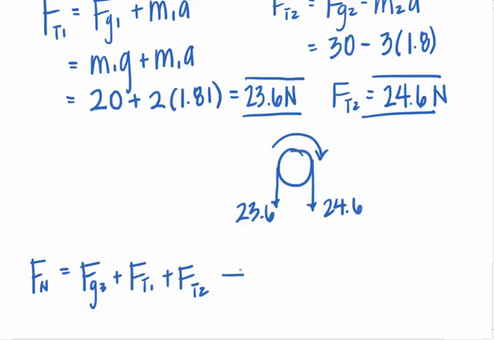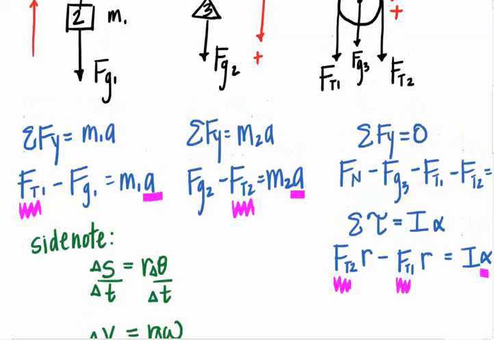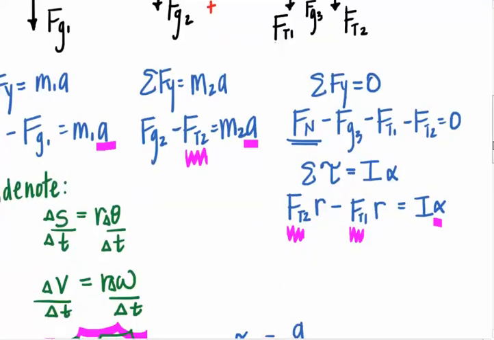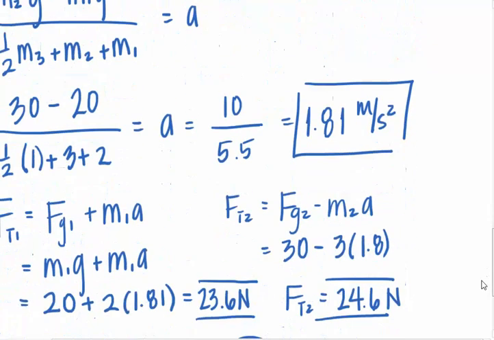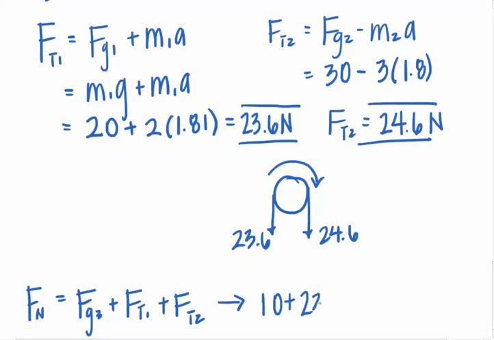So solve for the normal force there. They would be all added up together. And so 10 plus 23.6 plus 24.6. What do we get?